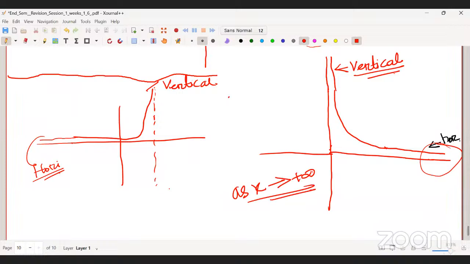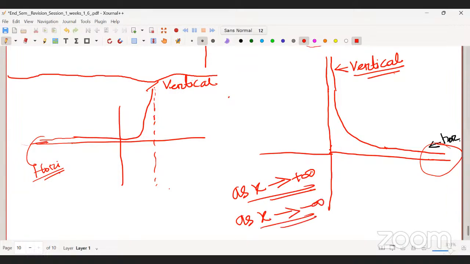And for the horizontal asymptote towards the negative direction of the x-axis, you can find the behavior of the function as x goes to minus infinity.